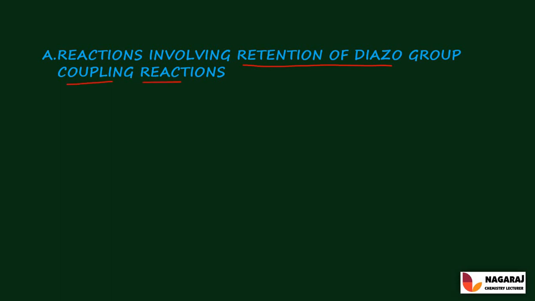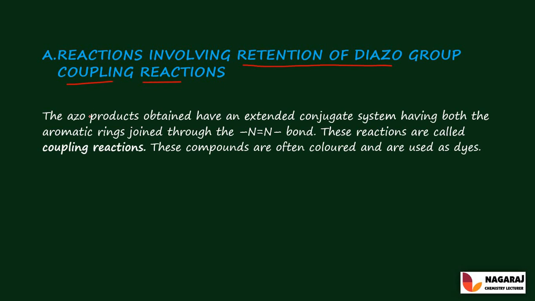Coupling reactions are reactions in which the azo product obtained has an extended conjugated system, with both aromatic rings joined through the N=N bond. Such compounds are often colored and are used as dyes.